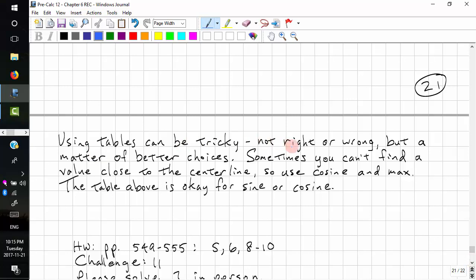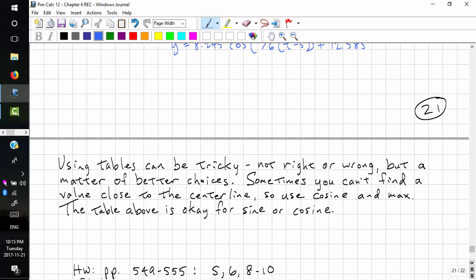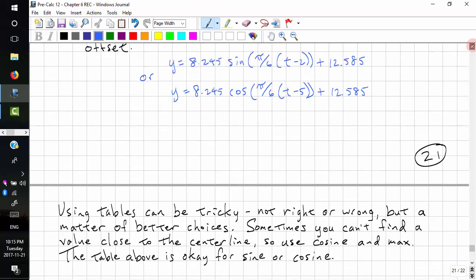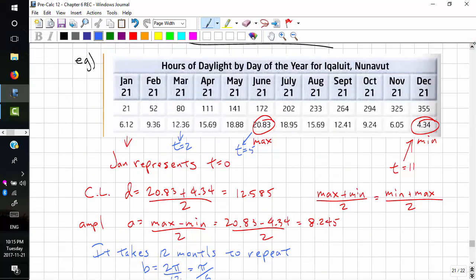So using tables can be tricky. We're not absolutely right, we're not absolutely wrong, but it's a matter of making better choices. Sometimes you can't find a value close to the center line, so use cosine and max. The table above is okay for sine or cosine because the table of values is not far off from the center line.